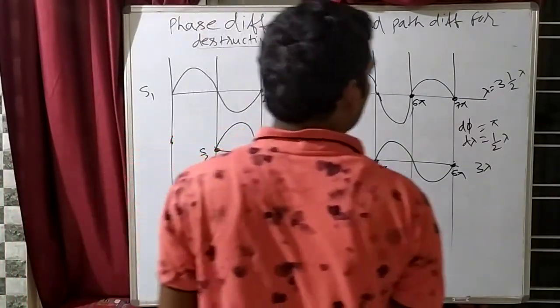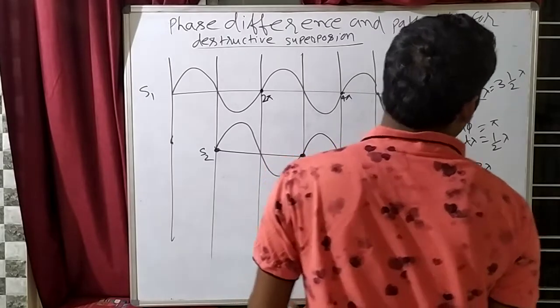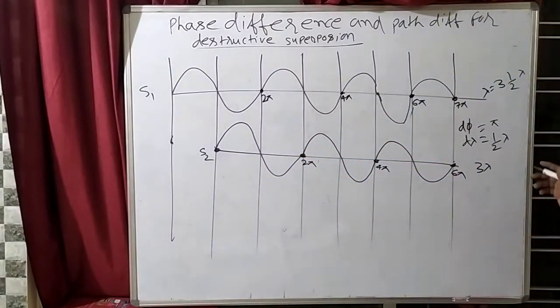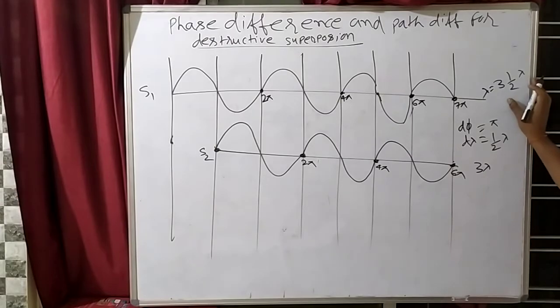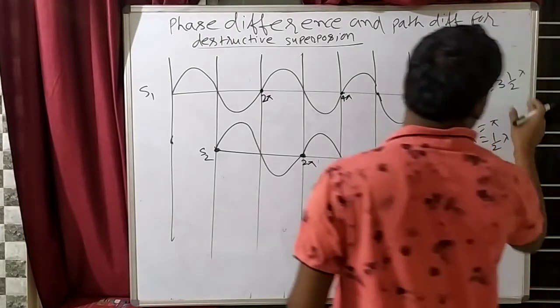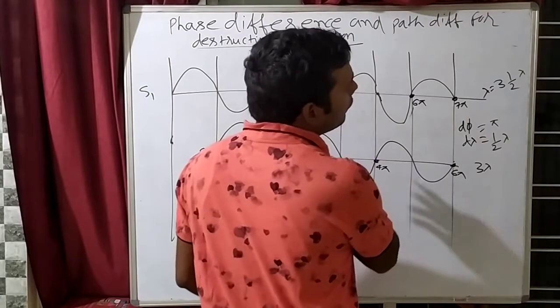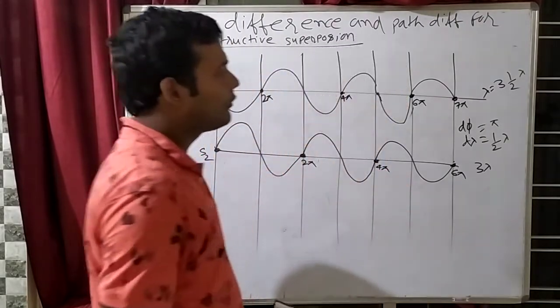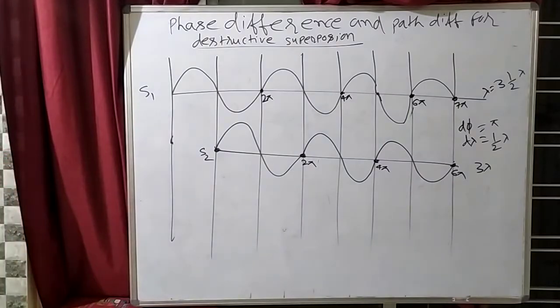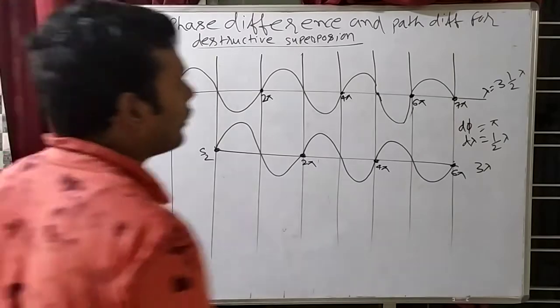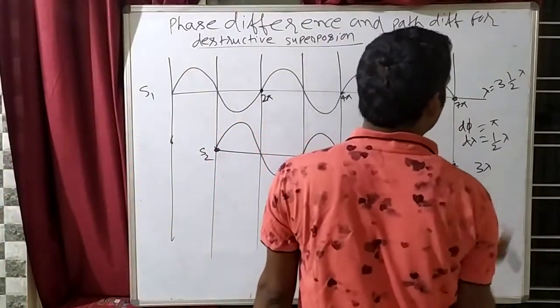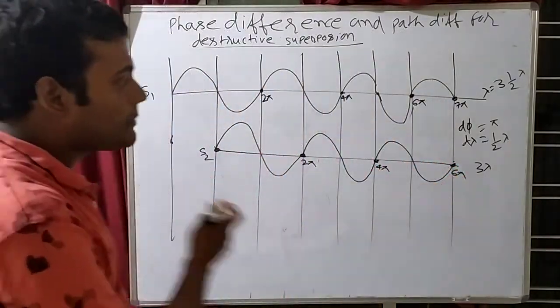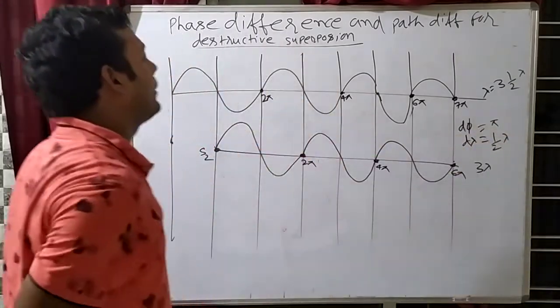Sorry, 3 by 2, 1.5 lambda now. This is 1.5 lambda and this one is 3 lambda. This minus this, you will check, is lambda by 2.